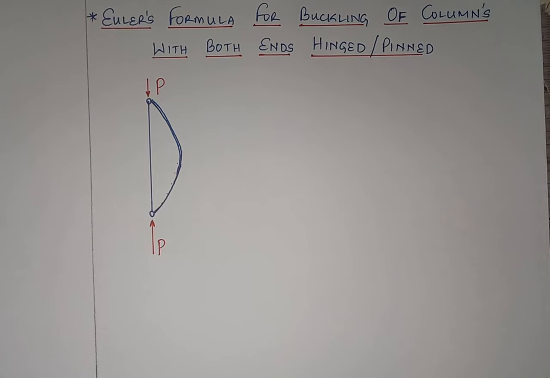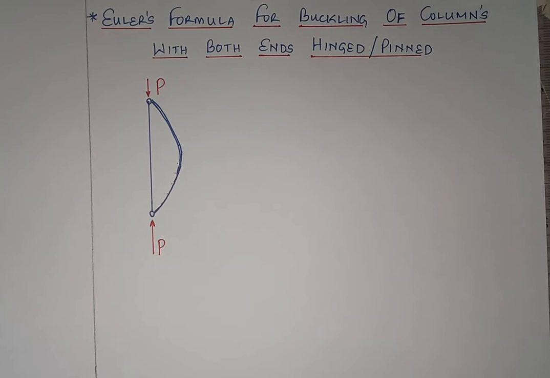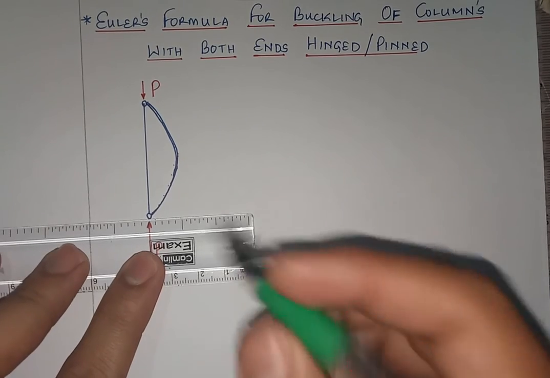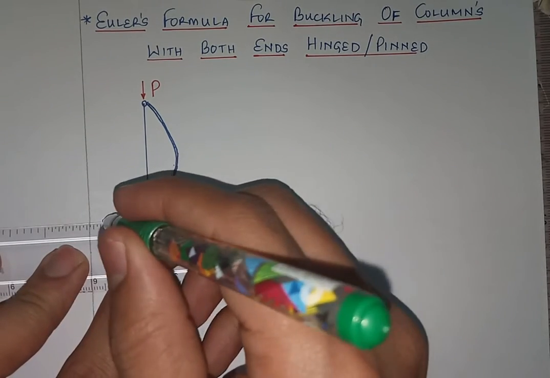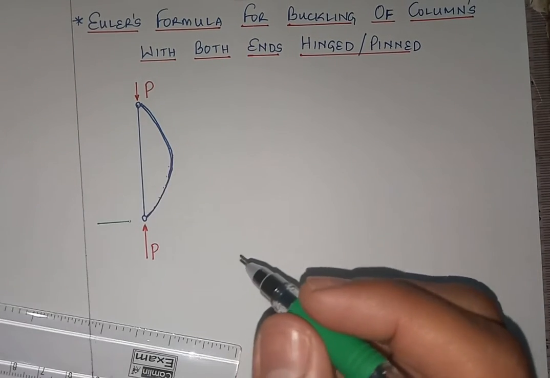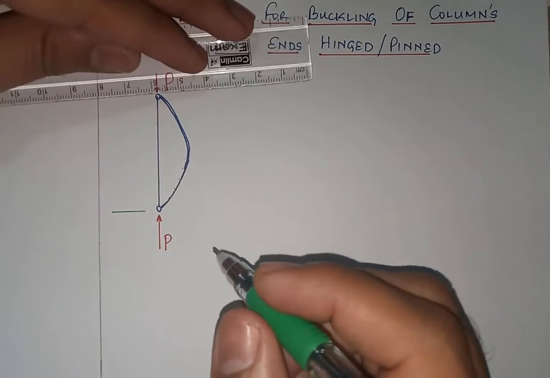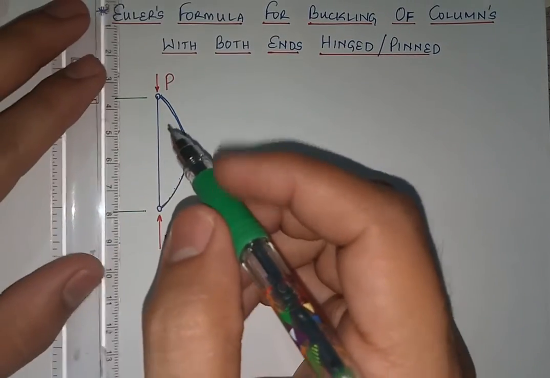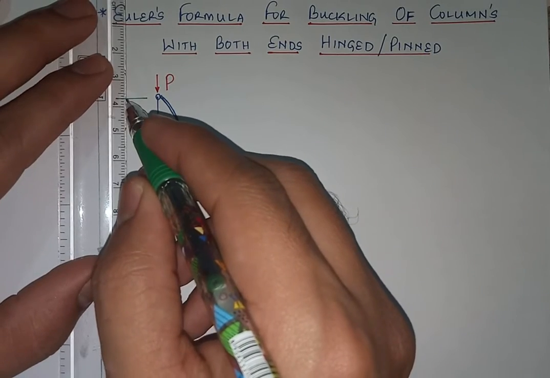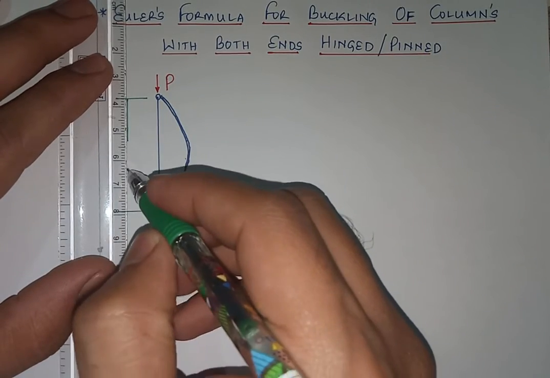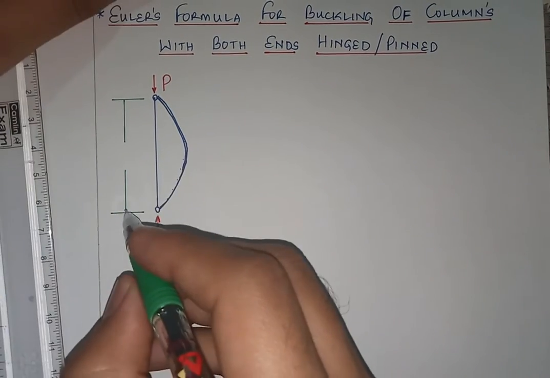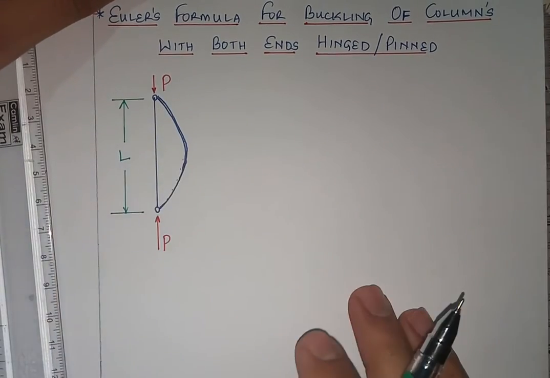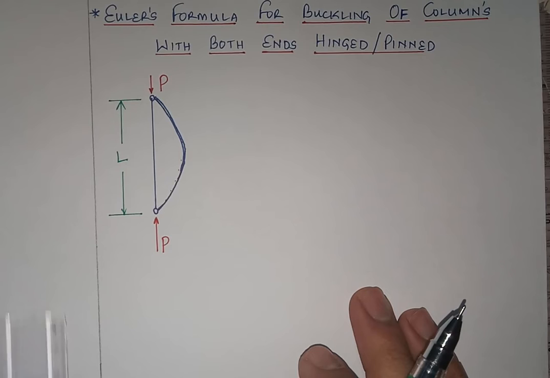Let us say that the initial length of the column be L. So let me mark the initial length. This initial distance, let this distance be L.